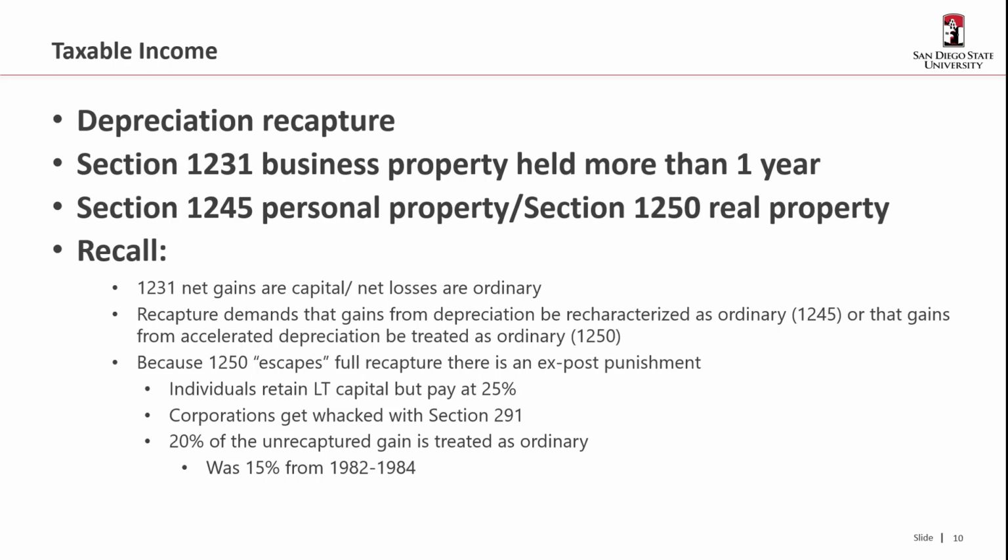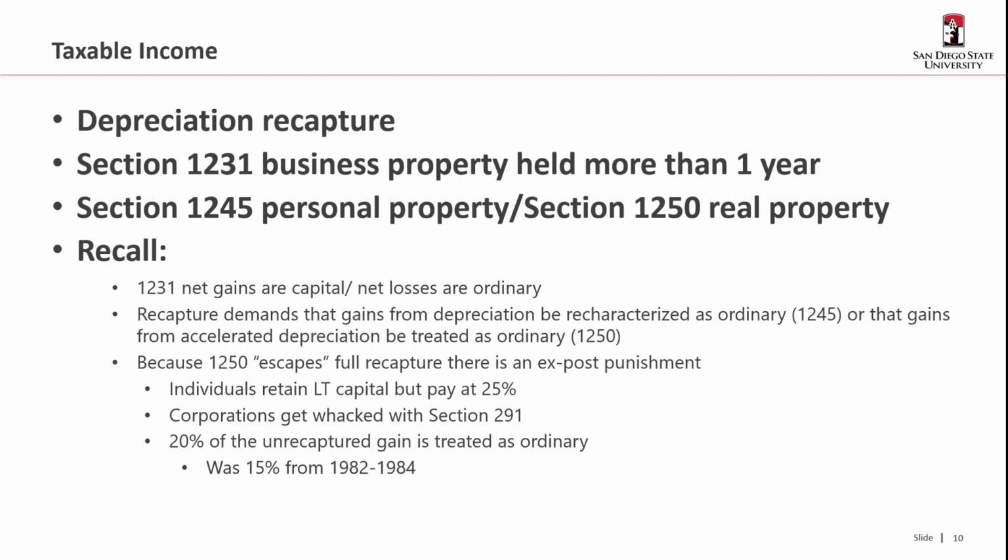Recall that 1231 property is broken down into two subsets, Section 1245 property, which is personal property, and Section 1250 property, which is real property. Now recall that Section 1245 is personal property, and Section 1250 is real property. So real property is real estate and land, and 1245 property is basically everything else.